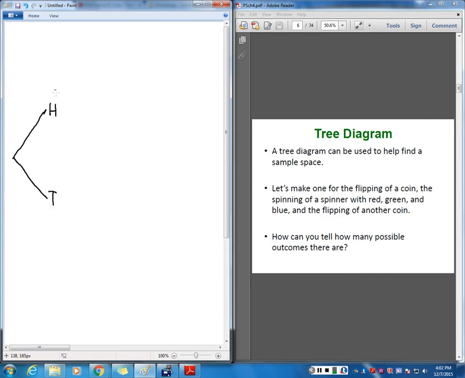Then after you flip the coin, you spin a spinner and you can get either red, blue, or green. After you've spun the spinner, you flip another coin, so then you get heads or tails after that.